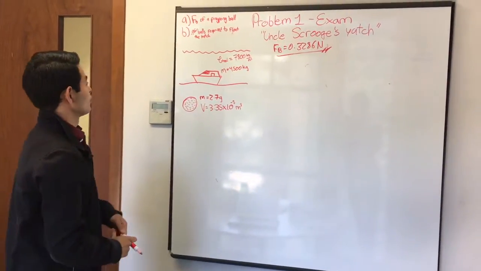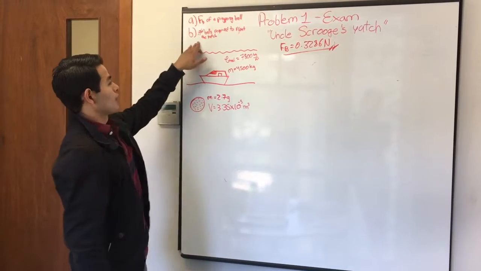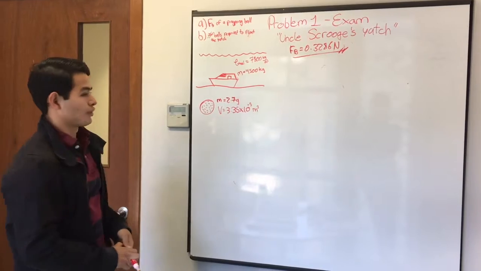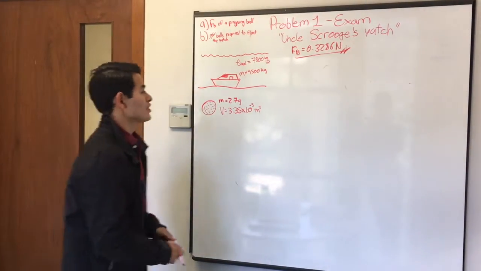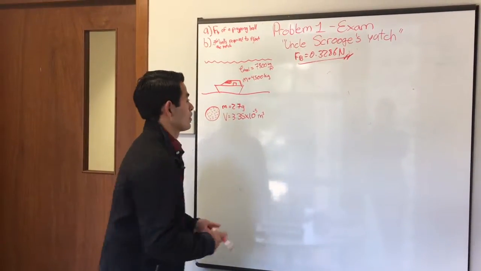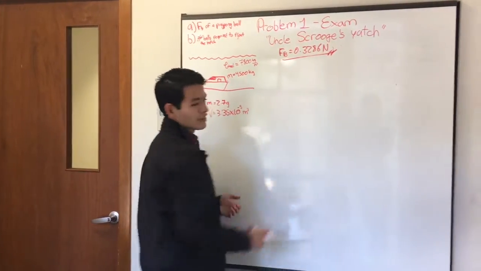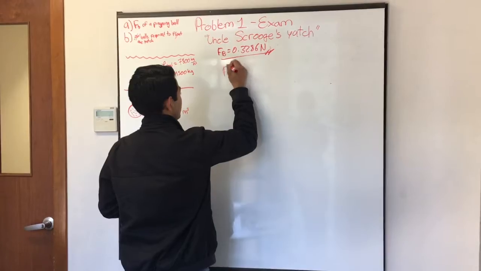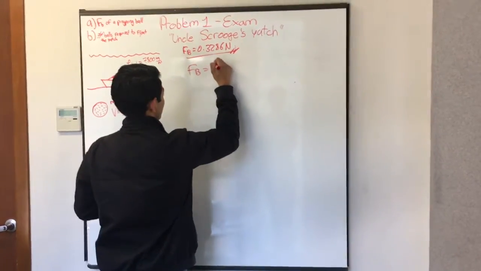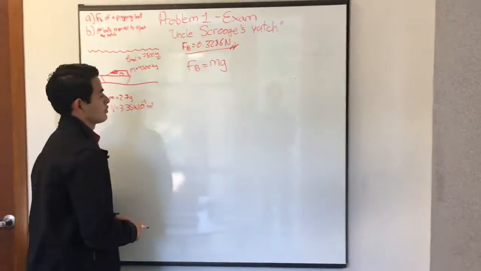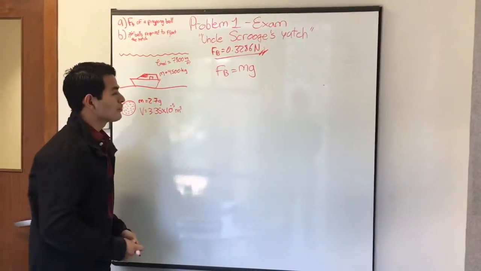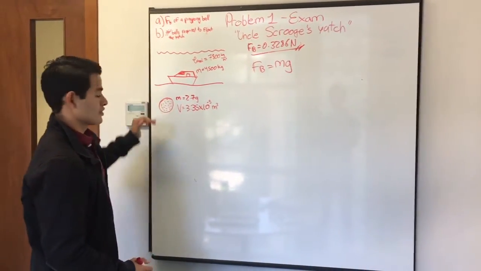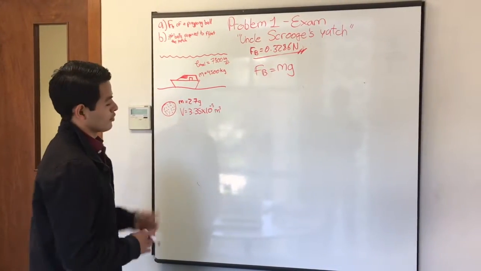Now we need to know how many balls we need in order to lift the boat again to the surface. As we want the yacht to be in equilibrium, we can say that the buoyant force will be equal to the weight, which is mass times gravity. But we are considering not just the yacht, but the ping pong balls too.